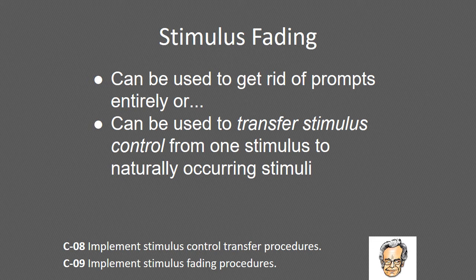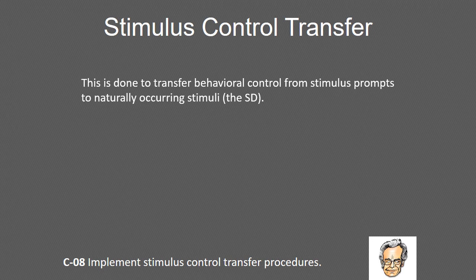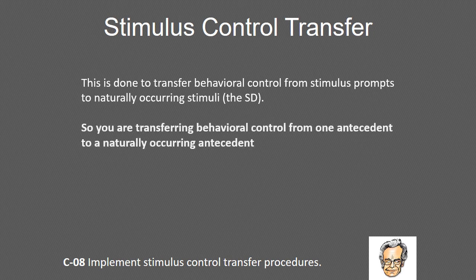What does that mean? Stimulus control transfer. This is done to transfer behavioral control from stimulus prompts to naturally occurring stimuli, or the SD. You are transferring behavioral control from one antecedent to a more naturally occurring antecedent. In this case, an SD, an instruction.